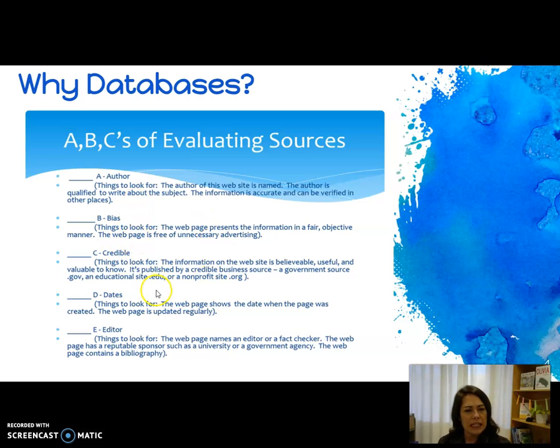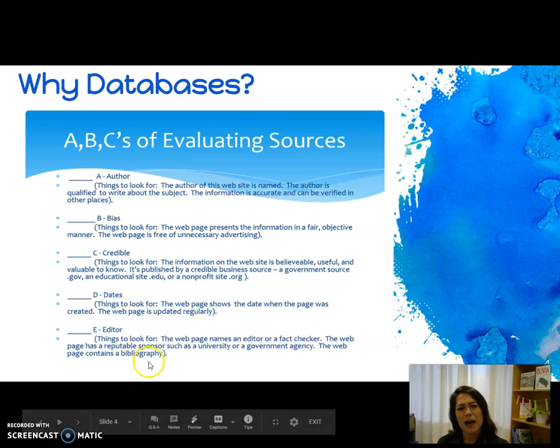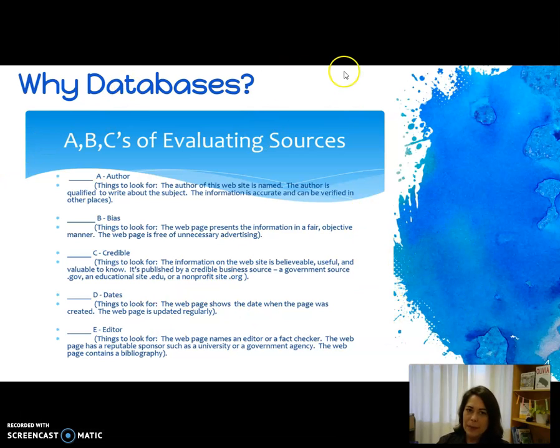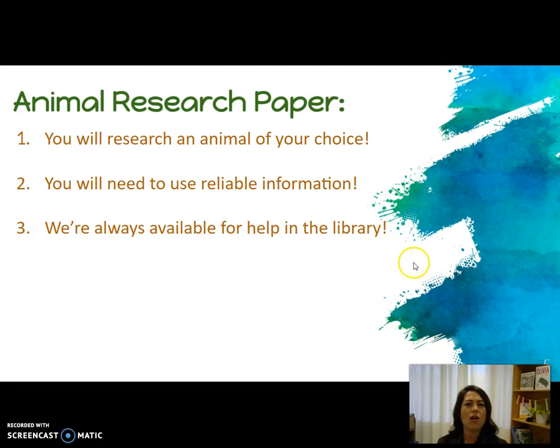We want unopinionated information. We want information that's possibly been edited by an editor. And long story short, when you go into the databases, everything you find inside of the database has already been screened, and it's all deemed professional, expert information. So that's why we use it.